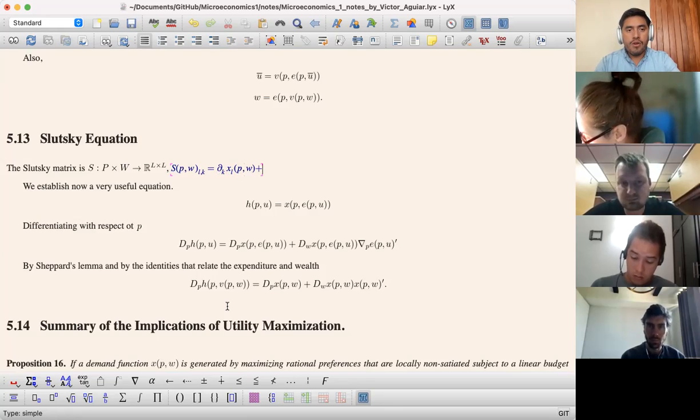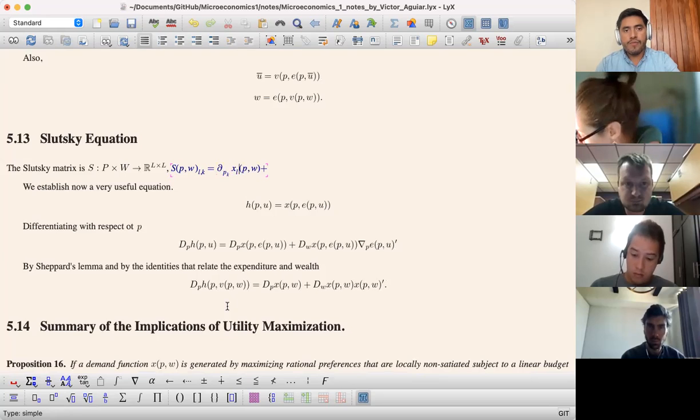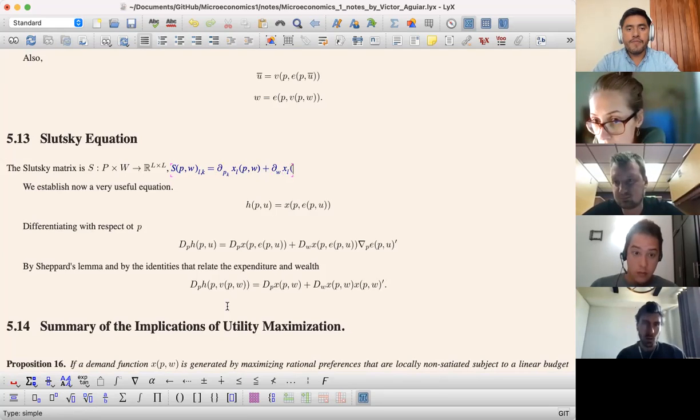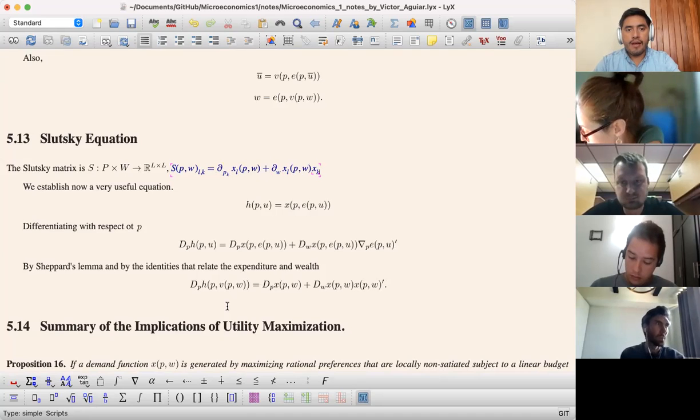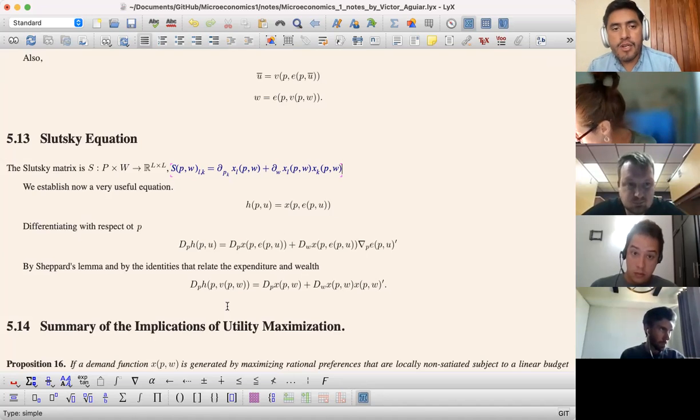And then, sorry, here I have to use p_k because there is also income, okay? And also it's going to have the partial with respect to income of x_l(p,w), right? Times the quantity x_k. Okay, so this is entry LK of the Slutsky matrix, right?